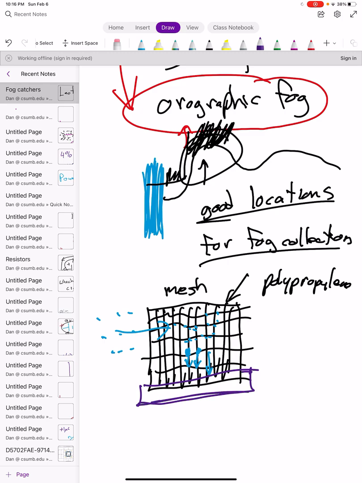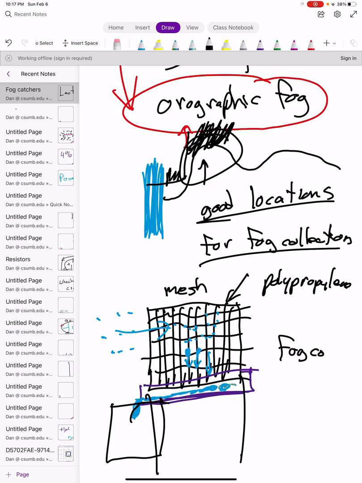And if the trough is at some sort of a slope, then the water will run towards one end of it. And there's usually some sort of an opening there. And then if you have a means to collect the water, a barrel, or in my case, a rain gauge, something that can measure the water as it's coming down, and you support this whole thing, here's your fog collector.